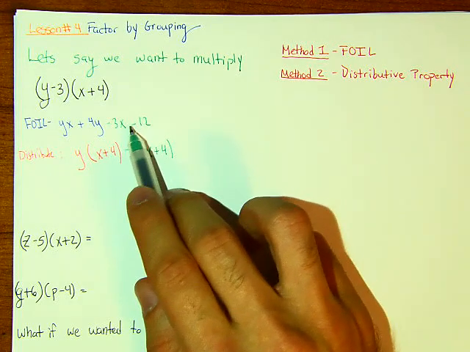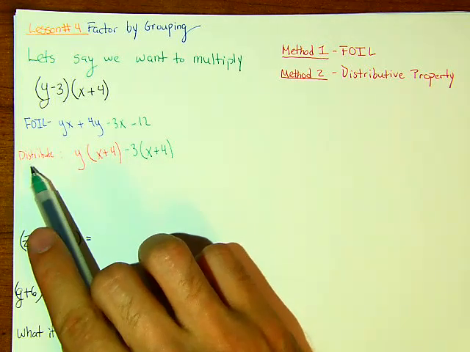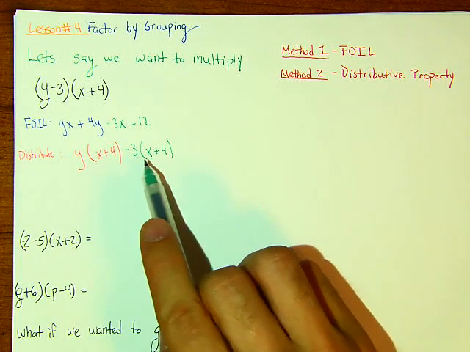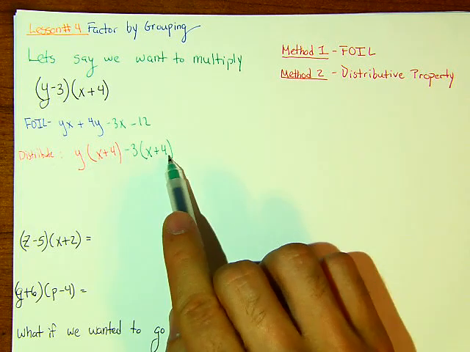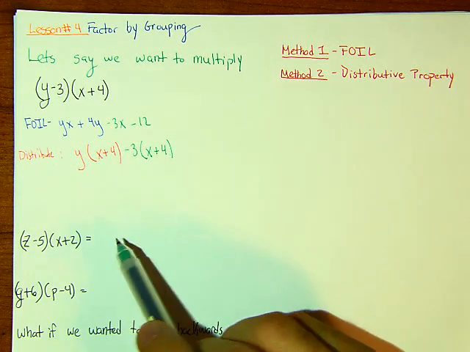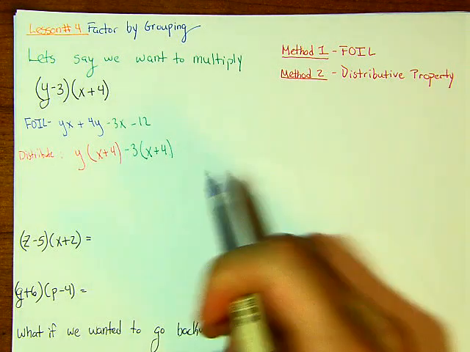I feel like you really trust FOIL here, since you're so used to it, but the distributive method also works. Negative 3 times x is negative 3x, and negative 3 times 4 is negative 12. So it works out.